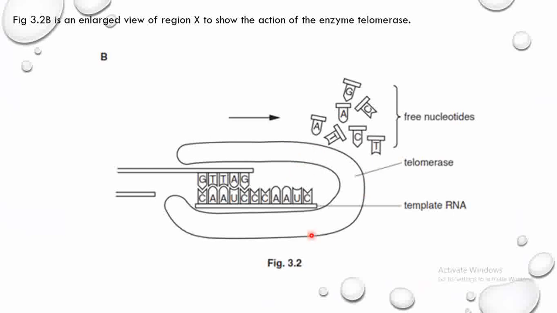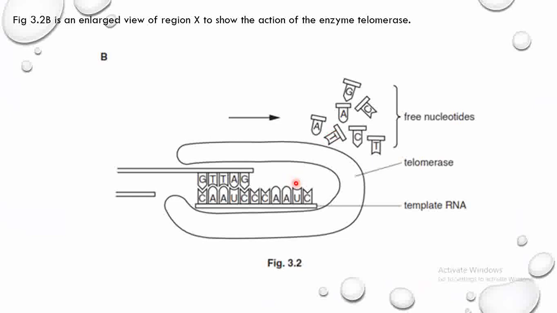You can see that. Telomerase enzyme binds to the DNA using its active site. This is the active site, right? But it also uses the RNA template to align and make DNA strands.